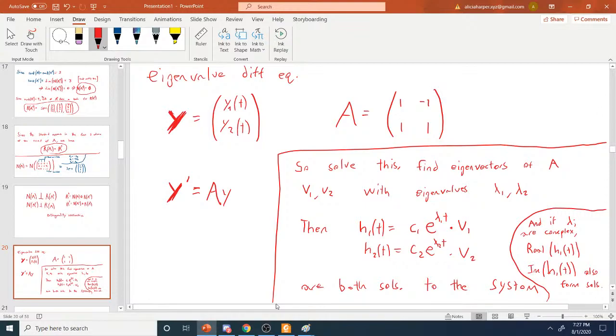So you basically have to treat the problem slightly differently depending on whether the eigenvalues are complex numbers or not. If they're not complex numbers, this gives you the solution. And if they are complex numbers, you have to extract the real and imaginary parts of the vector. And each of these two parts will themselves form solutions. So this right here is our strategy. So let's execute it.